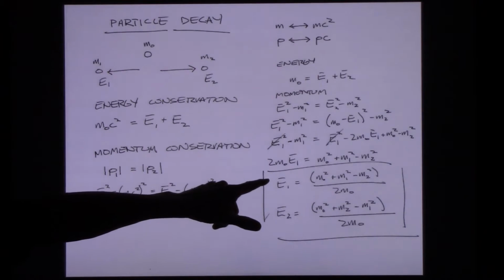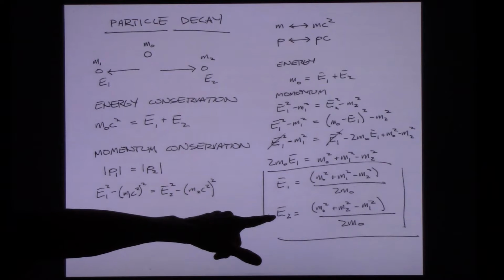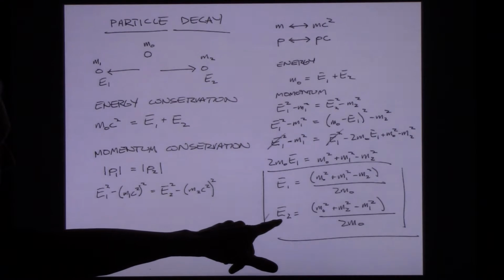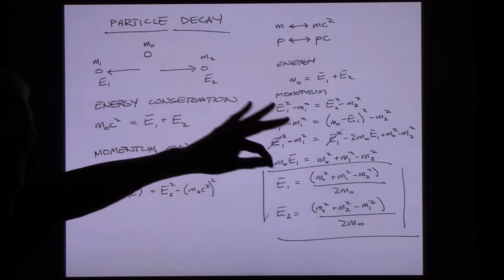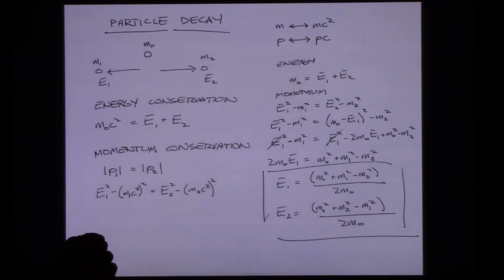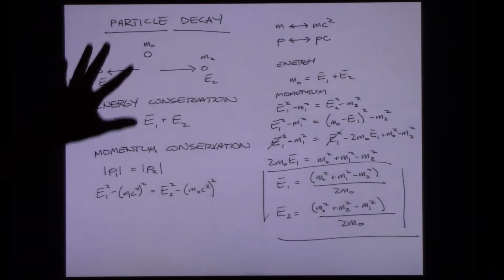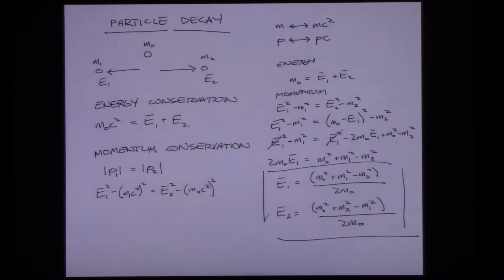If I decide to call this particle 2 and this particle 1, the equations would have to look the same. And so I wrote down a formula for E2 by taking the top formula and taking all the 1's and replacing them with 2's, and taking all the 2's and replacing them with 1's. And that works if I have a symmetric setup in the formula.